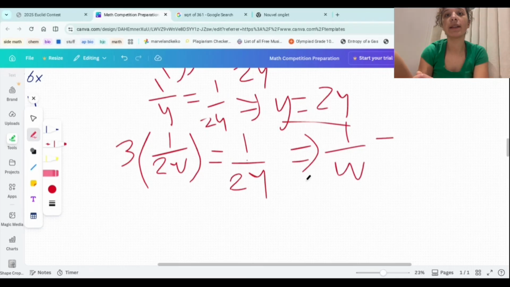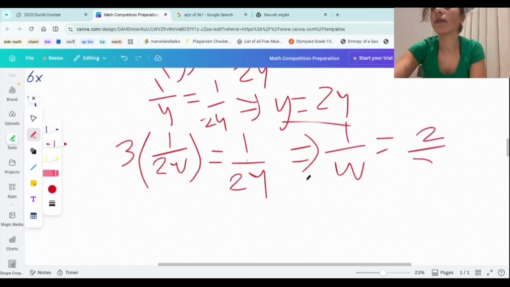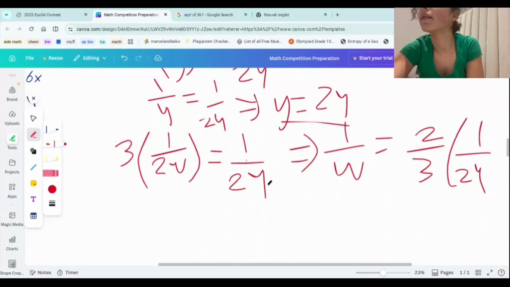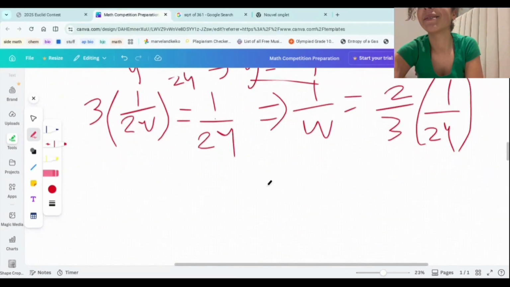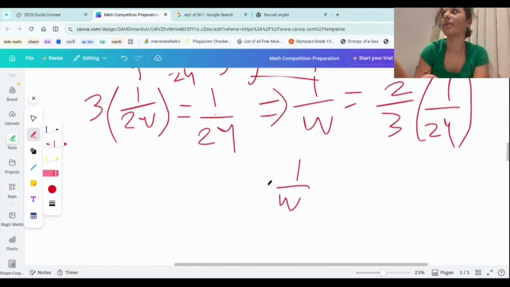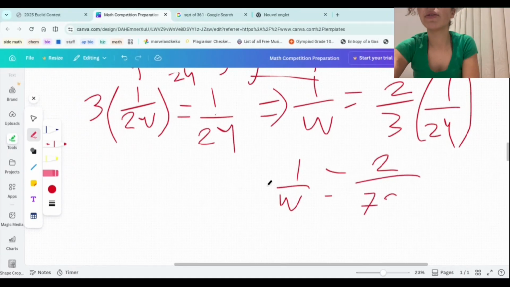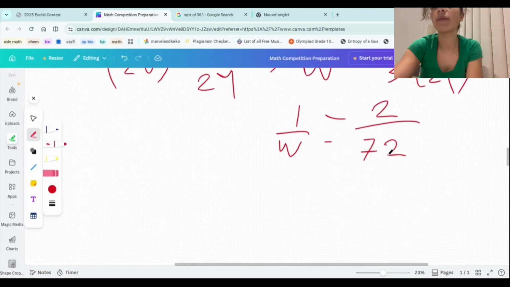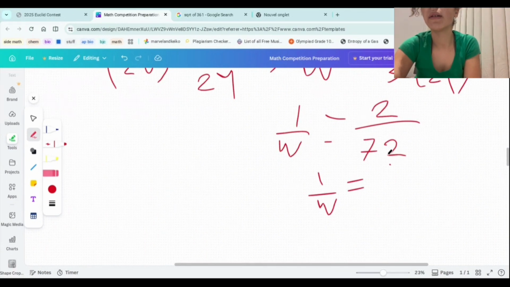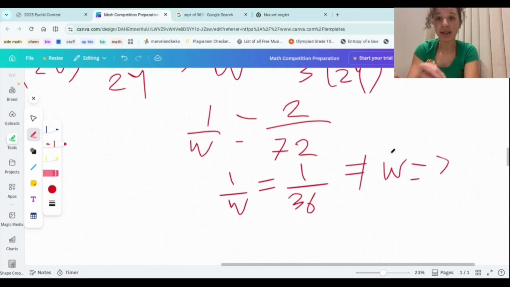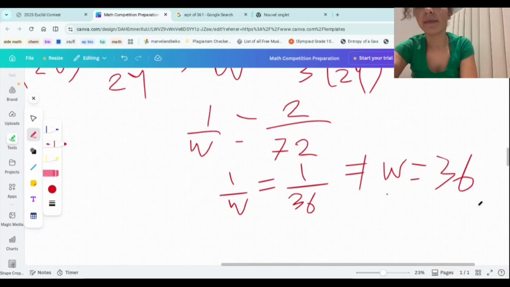That's the same as multiplying this side by 2 over 3. So 1 over w is equal to 2 on 3 times 1 over 24. So 1 over w is equal to 2 on top of 72, actually, so 1 over w is equal to 1 on 36. Tells me that w is equal to 36.